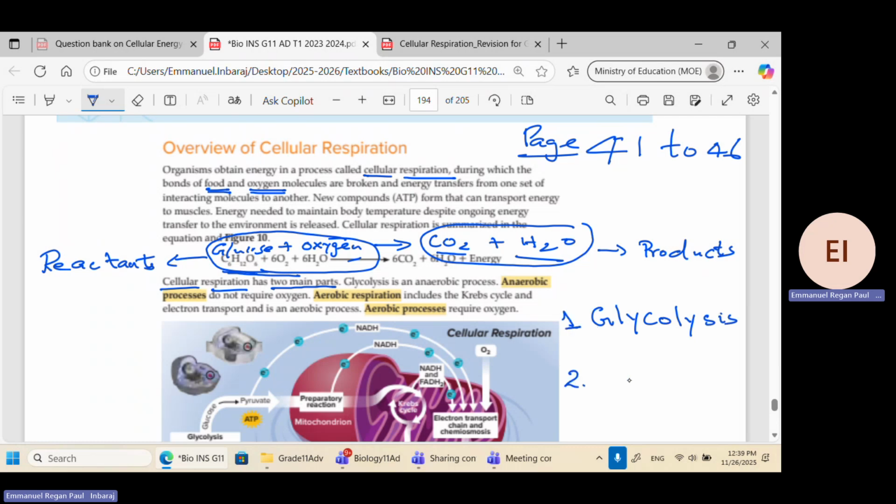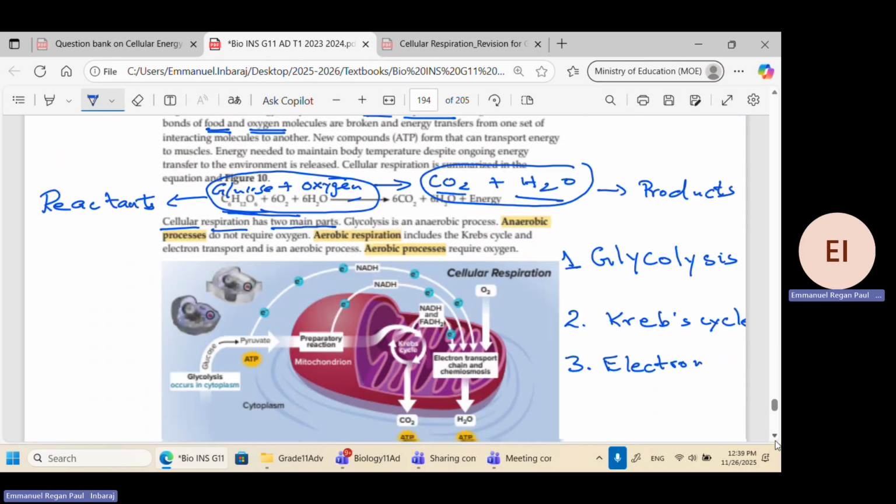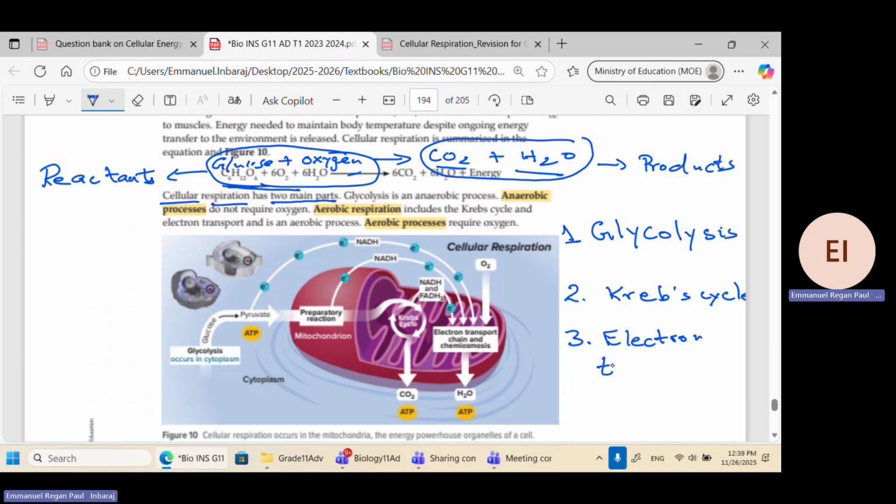And the second step will be the Krebs cycle. There is also one more, which we call the electron transport chain.